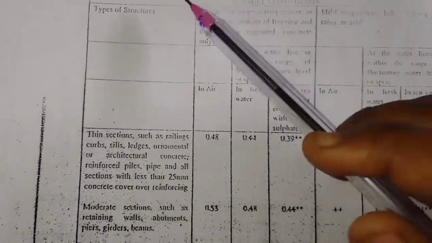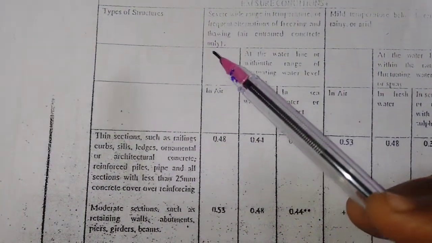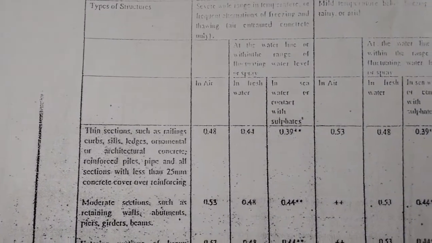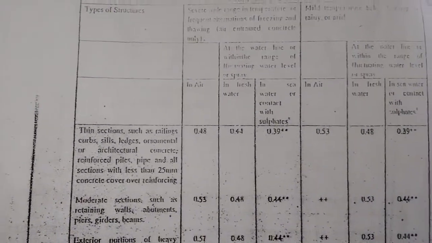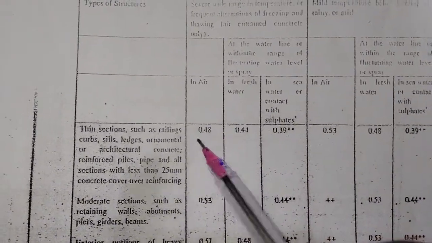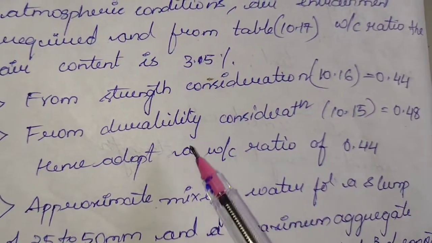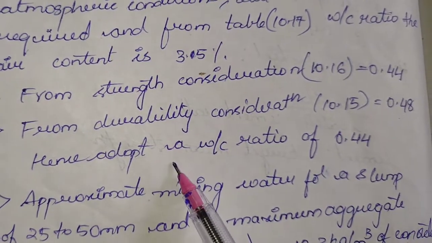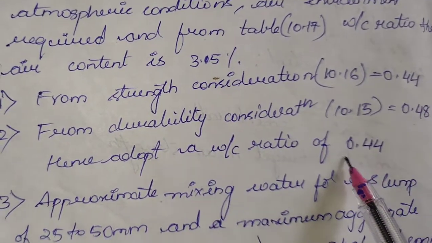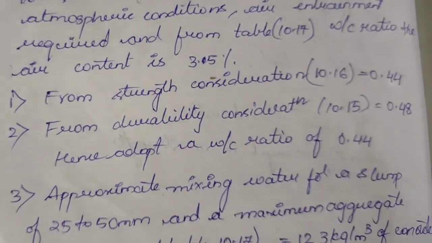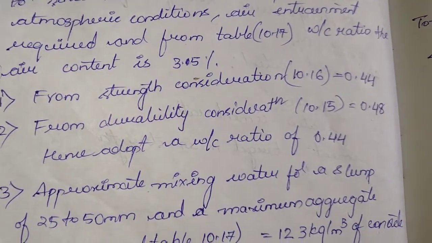So from table 10.15, depending upon durability considerations or exposure conditions, I am getting the water cement ratio as 0.48. After getting the water cement ratio from strength and durability considerations, we will take the minimum one, because that will satisfy both considerations.